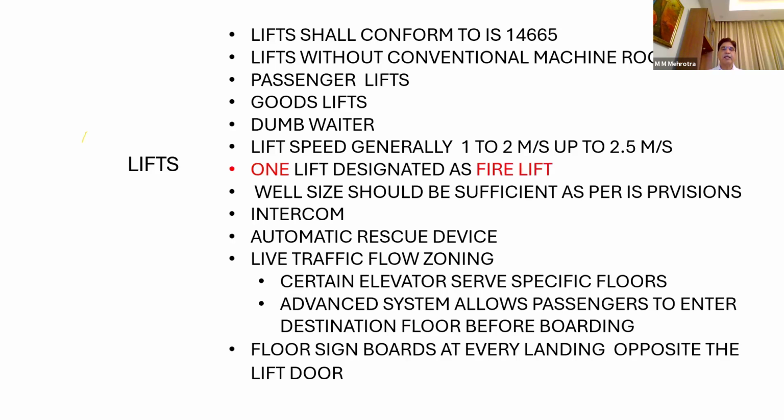Depending upon the load, the rope may be going up or down. So what ARD will do, it will provide supply to that brake for a short time, and it will allow lift movement either upwards or downwards.